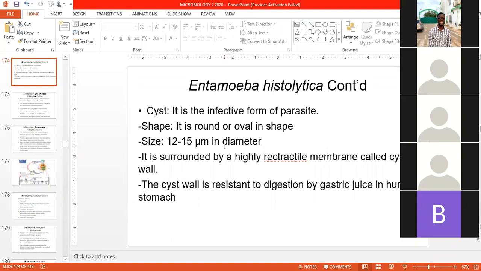So the acid does not have any impact on it unless it moves down to the lower part of the ileum and towards the duodenum, where the pH changes because of the production of bicarbonate. Once the pH changes, it facilitates the breakdown of the cyst. We will see that later on.